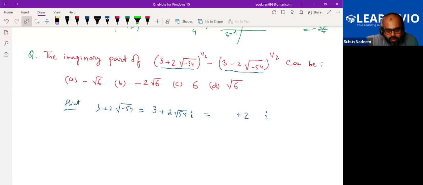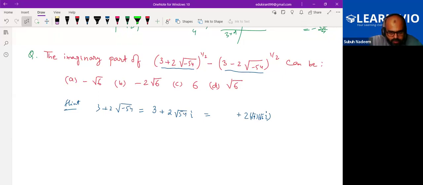Can we take some a and b like this? What we can do is take root over 9 into root over 6 iota.